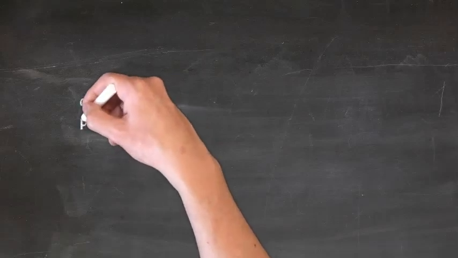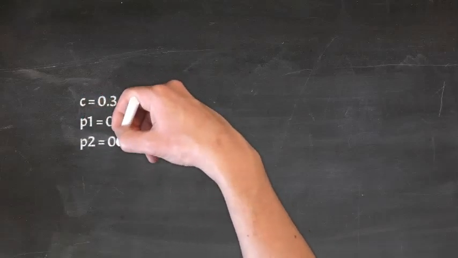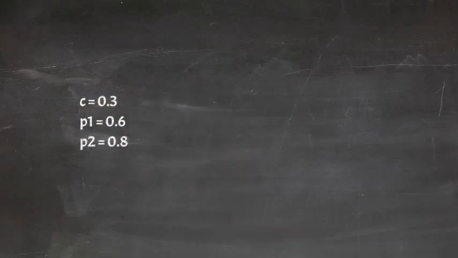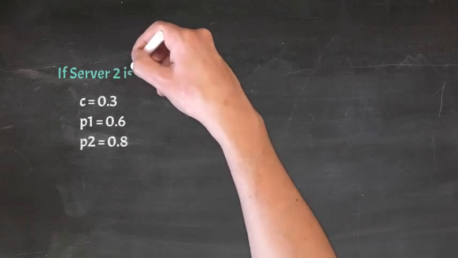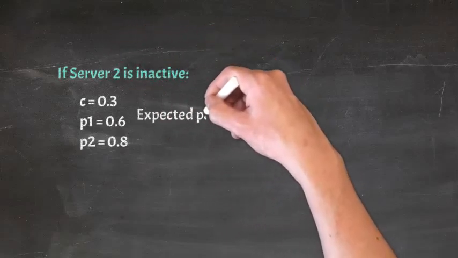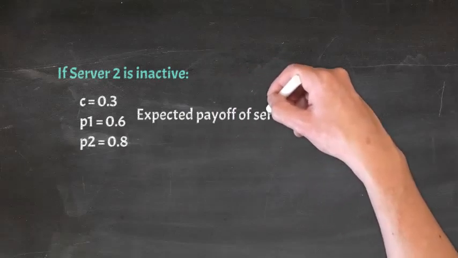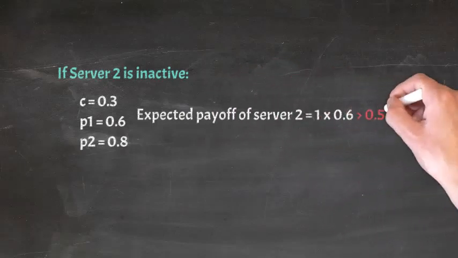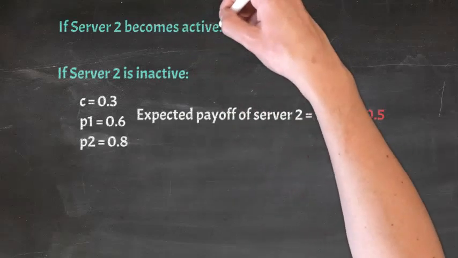Now let's look at a specific example where C equals 0.3, and P1 and P2 equal 0.6 and 0.8 respectively. If server 2 chooses to be inactive, while server 1 is active and takes the job, it means server 2's expected payoff is 1 multiplied by 0.6.